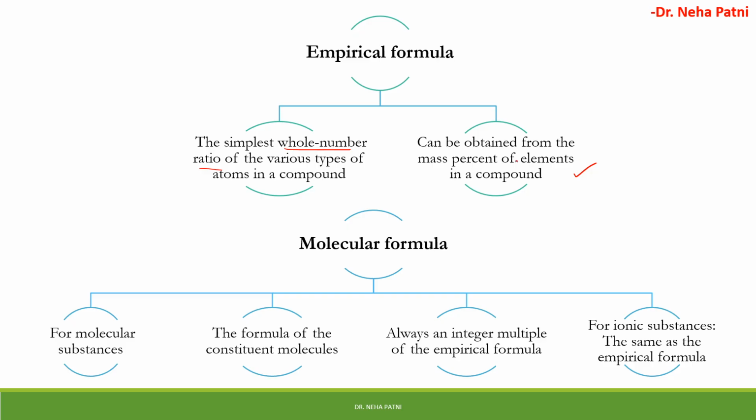Whereas the molecular formula, for a molecular substance, is the formula of the constituent molecules. It will always be an integer multiple of the empirical formula, and for an ionic substance the empirical formula and molecular formula would be the same, because the ions attach in the same type of composition, so n would be equal to 1.